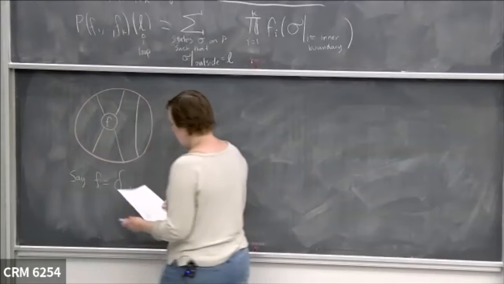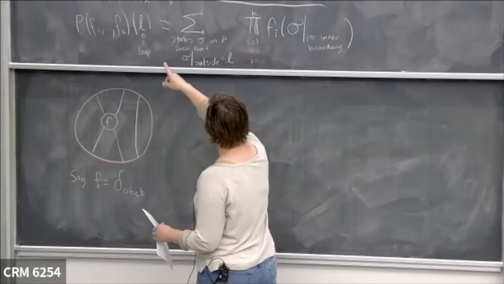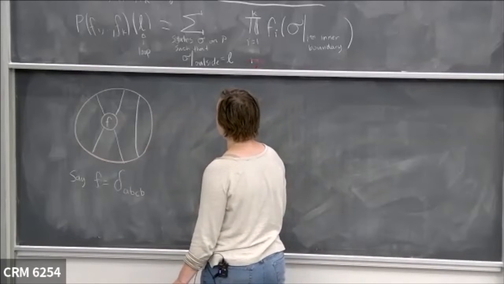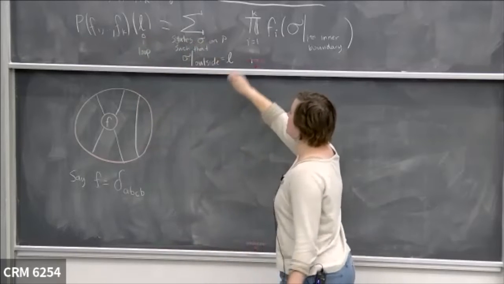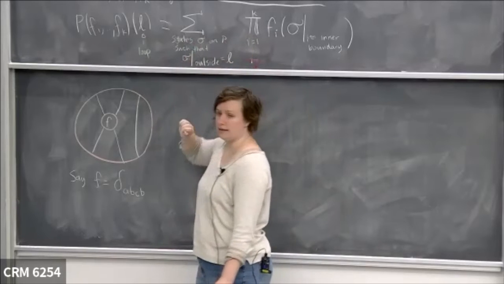According to this definition, if we want to know what this does on any particular loop, we have to sum over states that are compatible with that loop.